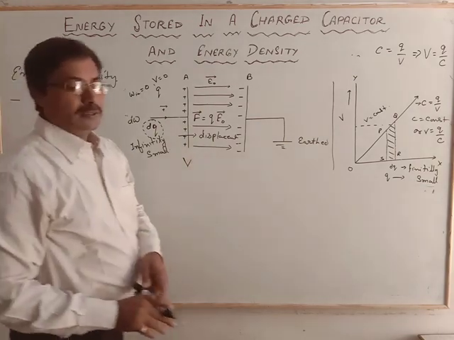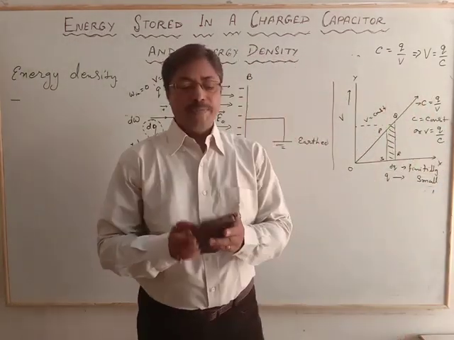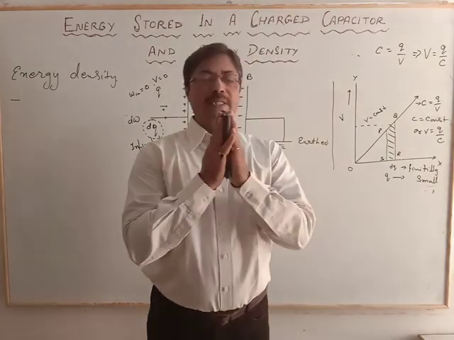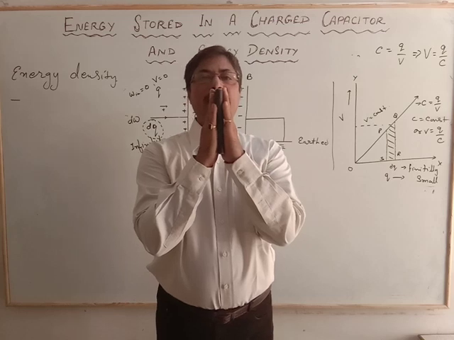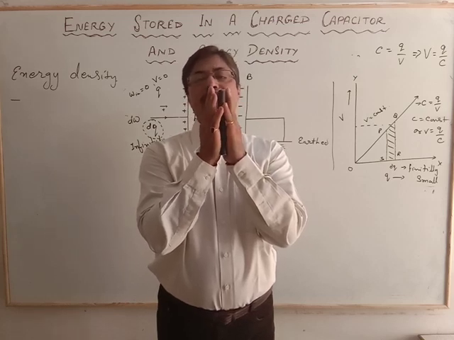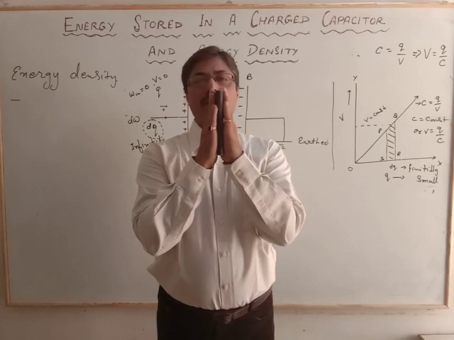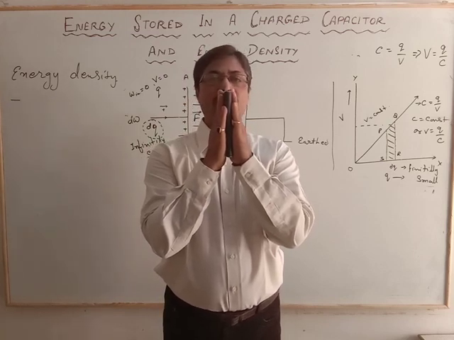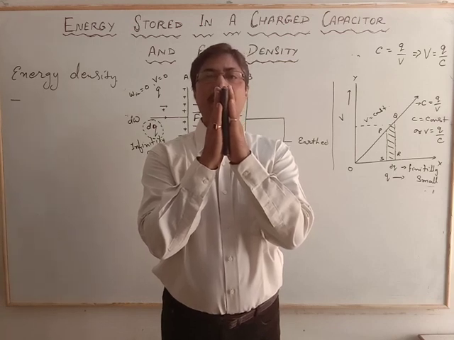How do we know this? Suppose this is the space, my palm is the two plates, and the space at which the body is kept, let it be a dielectric or anything, or the vacuum or air also. Means there is a space or gap between the two plates.